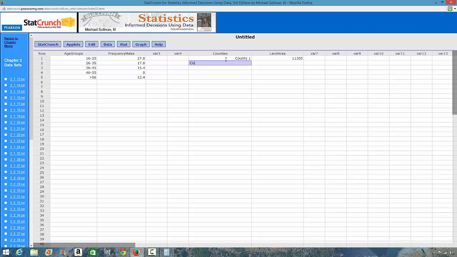Then this is county 2, county 3, county 4, county 5, county 6, county 7.